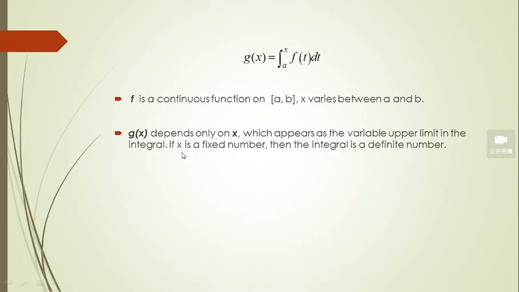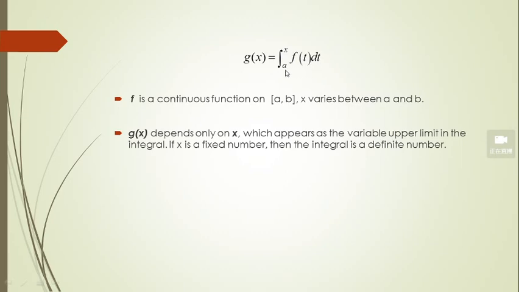And by the way, if x is a fixed number, for example x1 or x2, then the upper bound becomes a specific value, so this is a definite integral that gives a number.